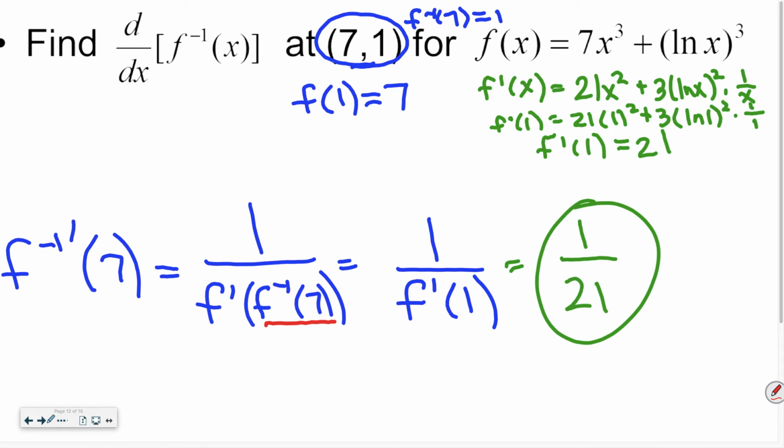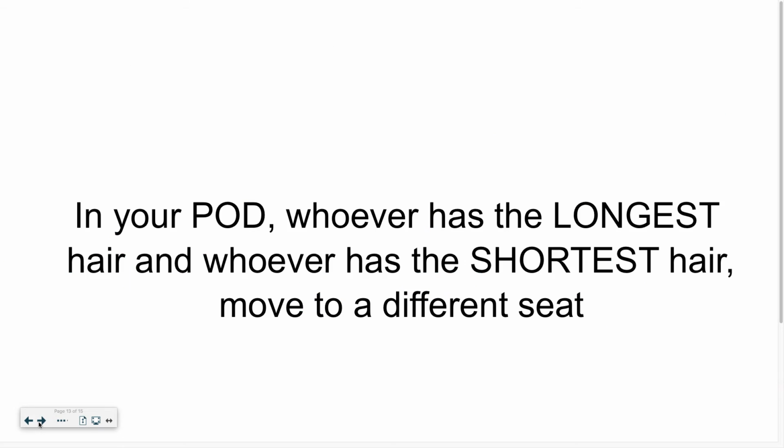Okay? So one more time, let's mix it up. Whoever has the longest hair, whoever has the shortest hair, find a new seat.